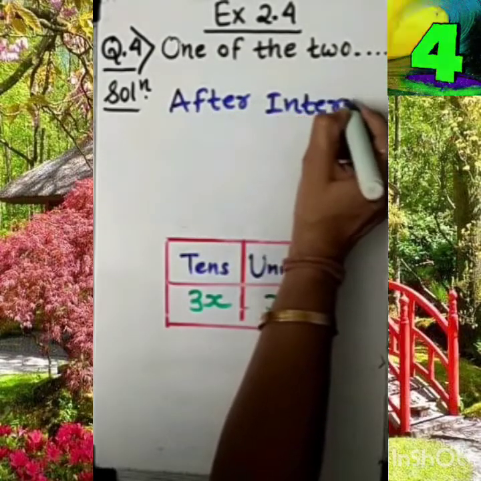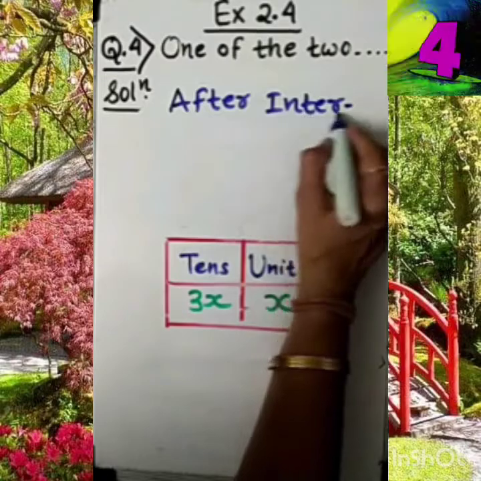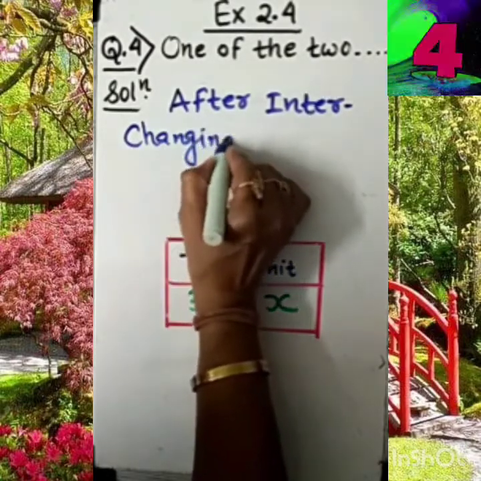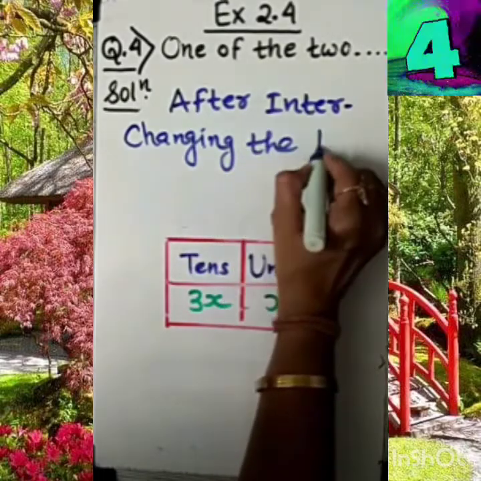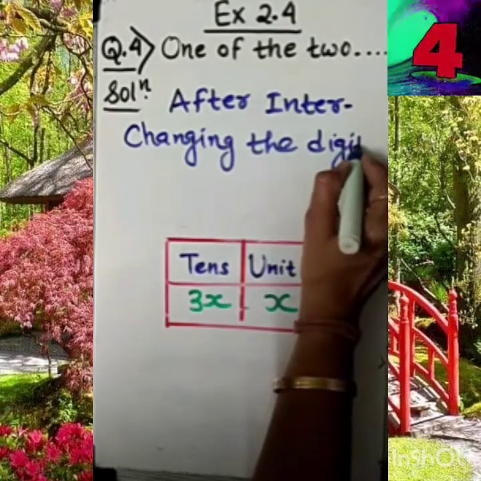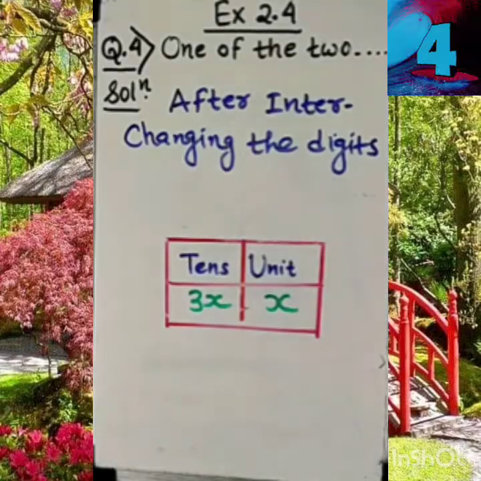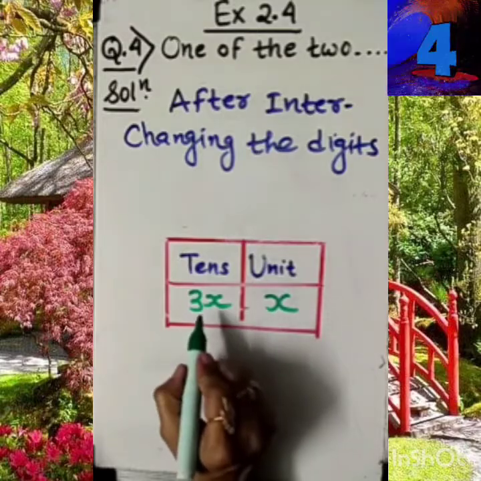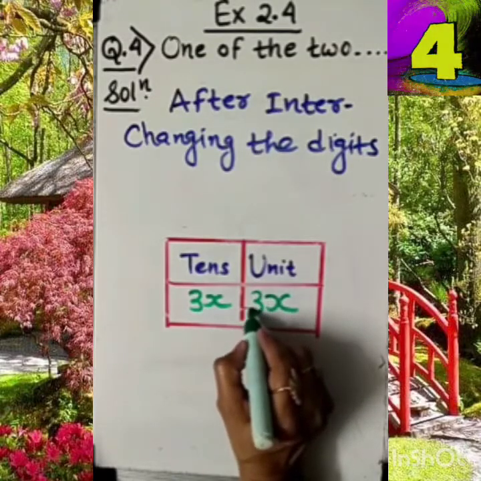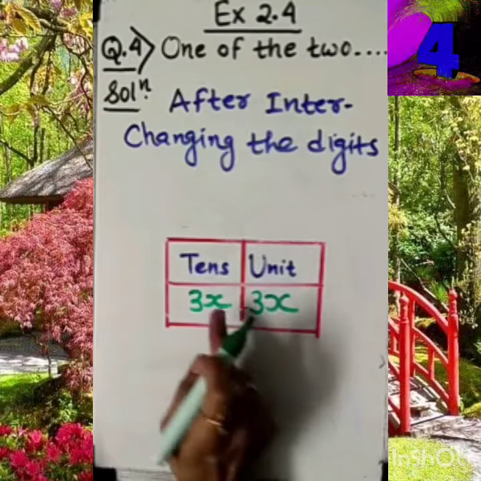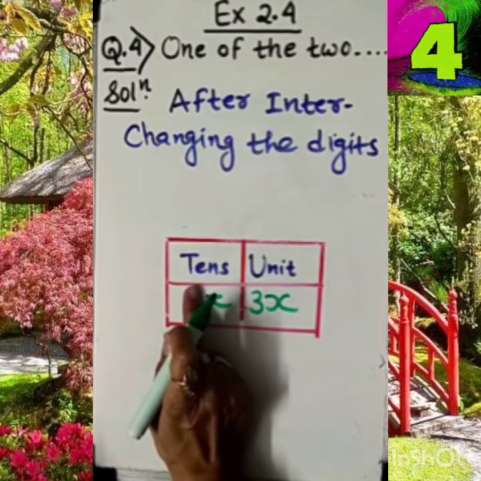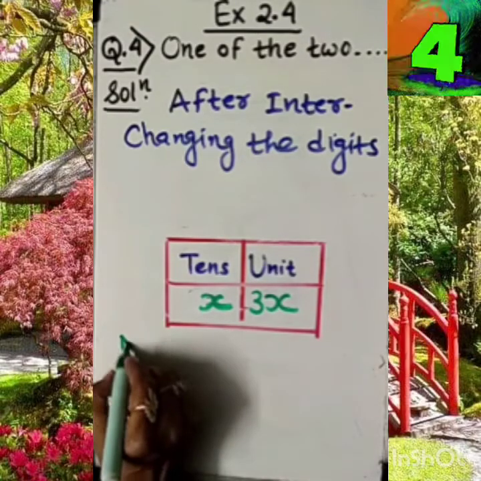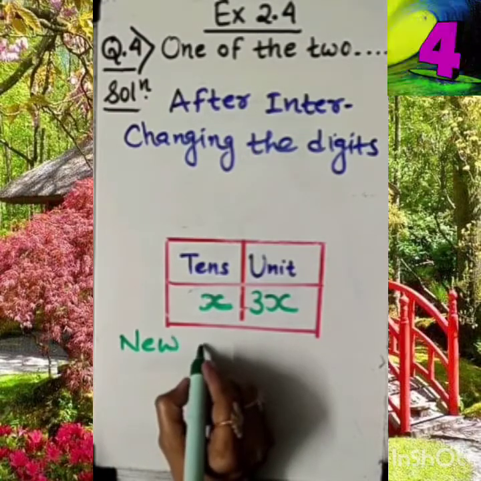What is the meaning of interchanging the digits? It indicates that the digit on the ones place will become tens place. So dear student, the unit place digit will become 3x and the tens place digit will become x. Fine. So let's find the new number formed after interchanging the digits.